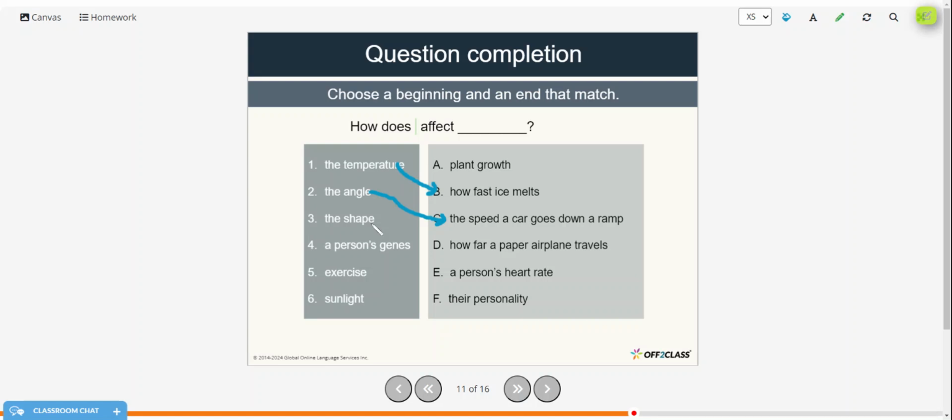How does the shape affect how far a paper airplane travels? How does a person's genes affect their personality? How does exercise affect the person's heart rate? And how does sunlight affect plant growth?